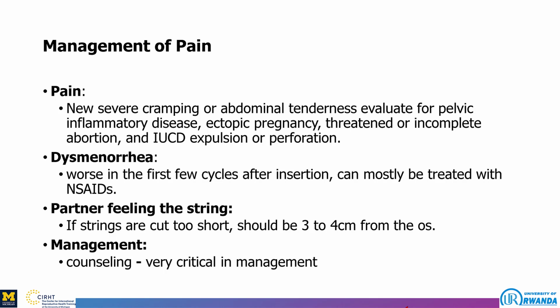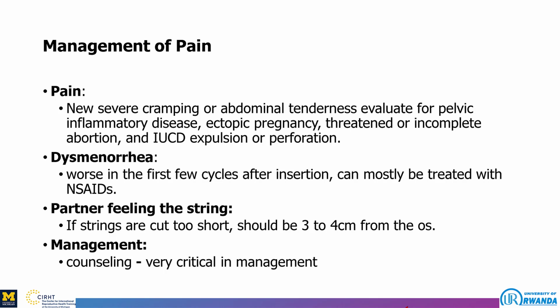It is very important. If the patient comes and complains of pain, especially right upper quadrant or right lower quadrant pain, then we need to think of some differential diagnosis like ectopic pregnancy, threatening abortion, incomplete abortion, expulsion or perforation of the uterus.